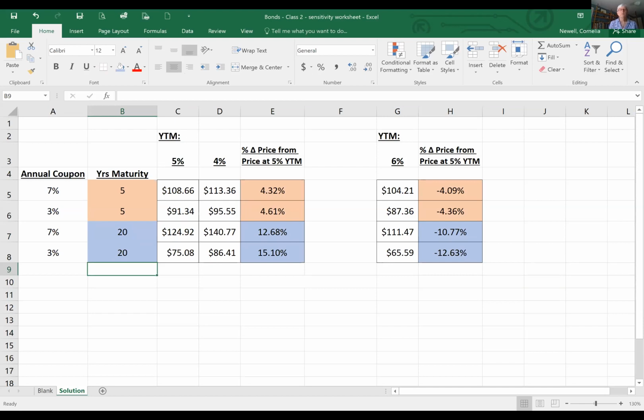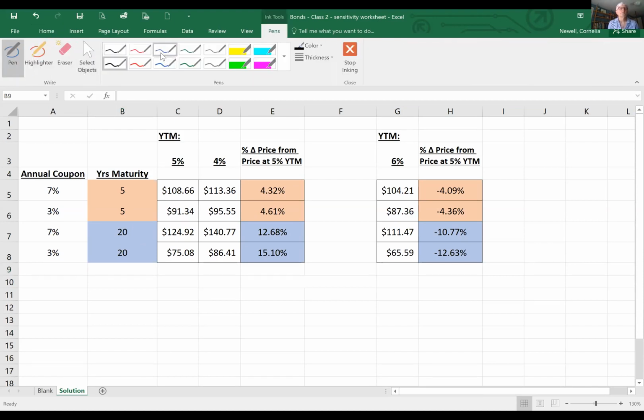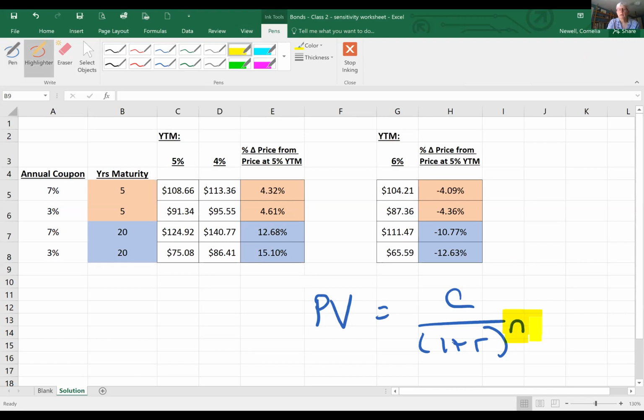So a part of what's happening here, before we go look at the coupons, is that if you go back to thinking about our basic present value equation, the maturity is N. When we have the 5-year maturity, N is 5.